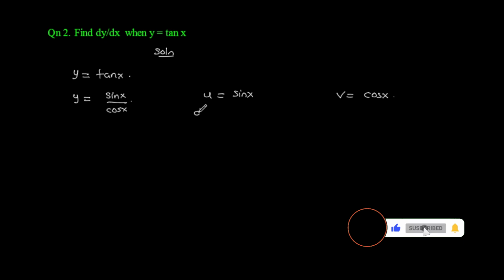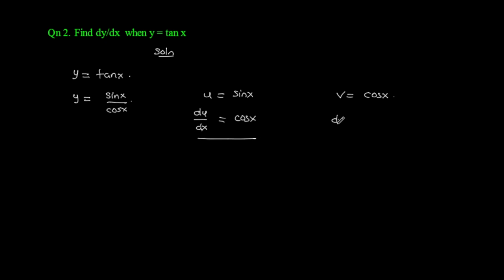So let's differentiate du by dx, and we know the derivative of sine x is cos x. We do the same, dv by dx, and the derivative of cos x is negative sine x.